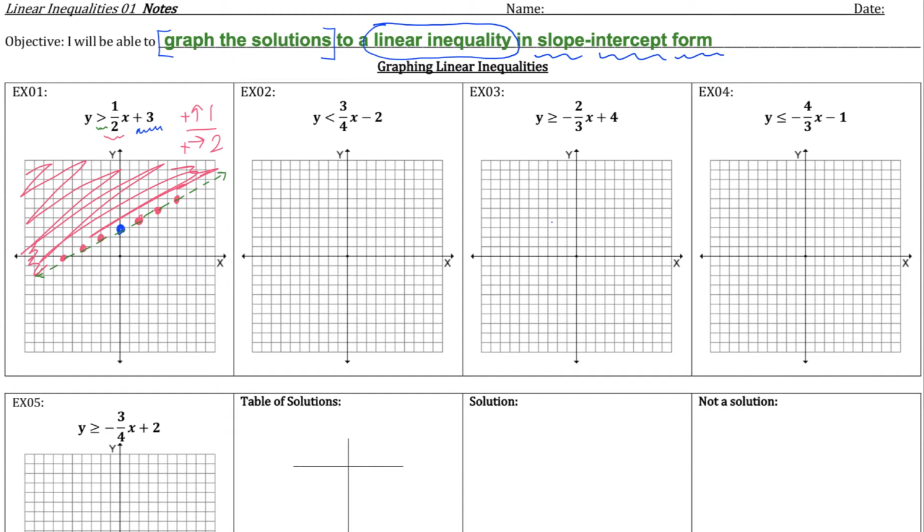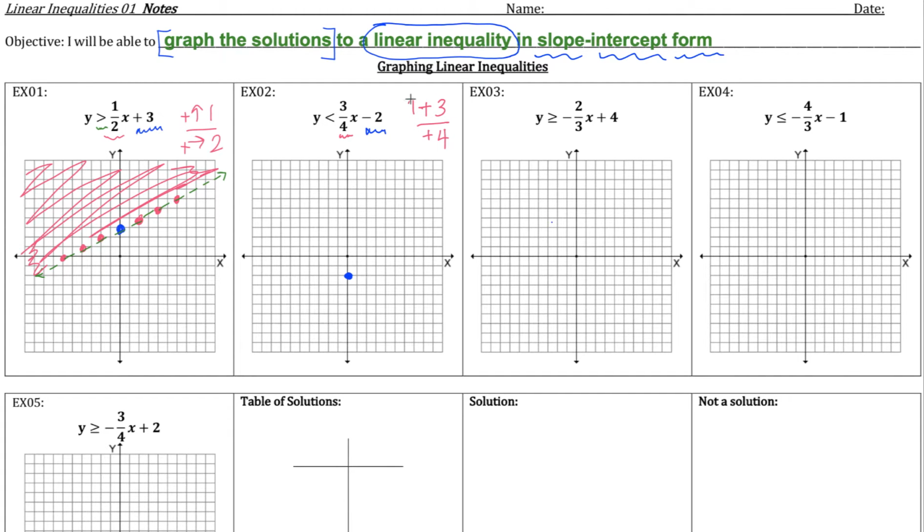Let's do it again. So let's start at 0, -2. That's a positive 3 over a positive 4.